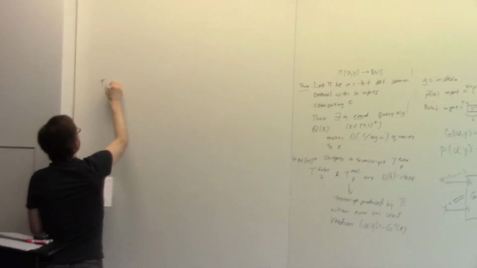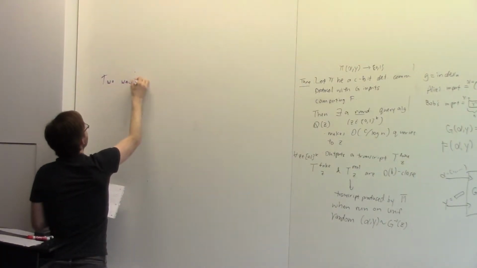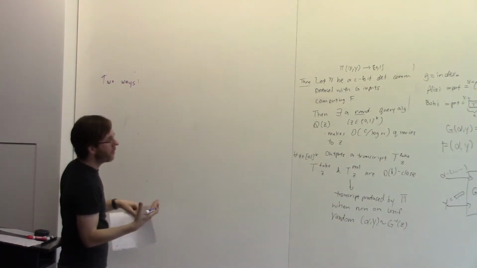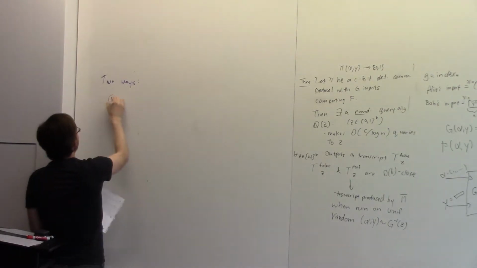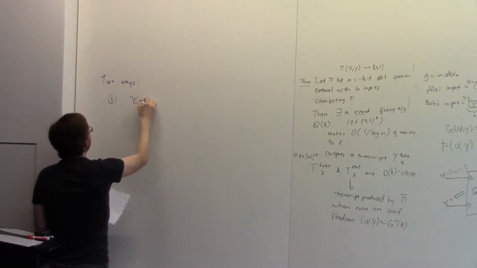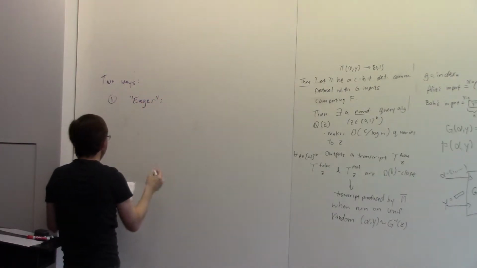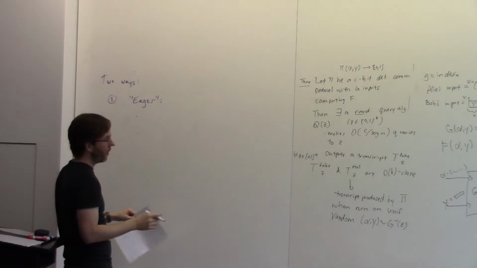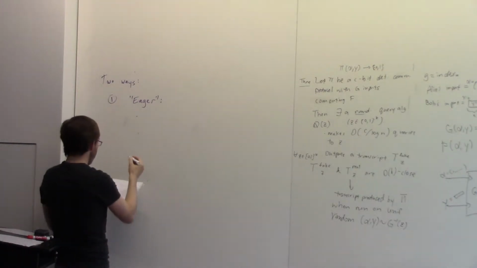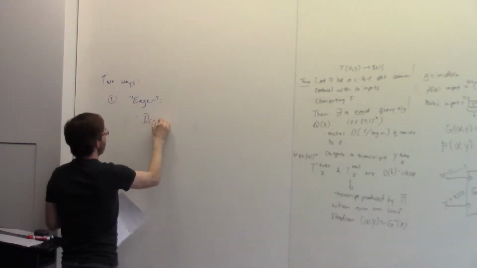So I want to describe two ways you might simulate this situation. It's not clear who "you" is here. One is what I'll call the eager way. This is maybe the first one you might think of: imagine you have full knowledge of D and everything in this story. So you literally draw from D completely.